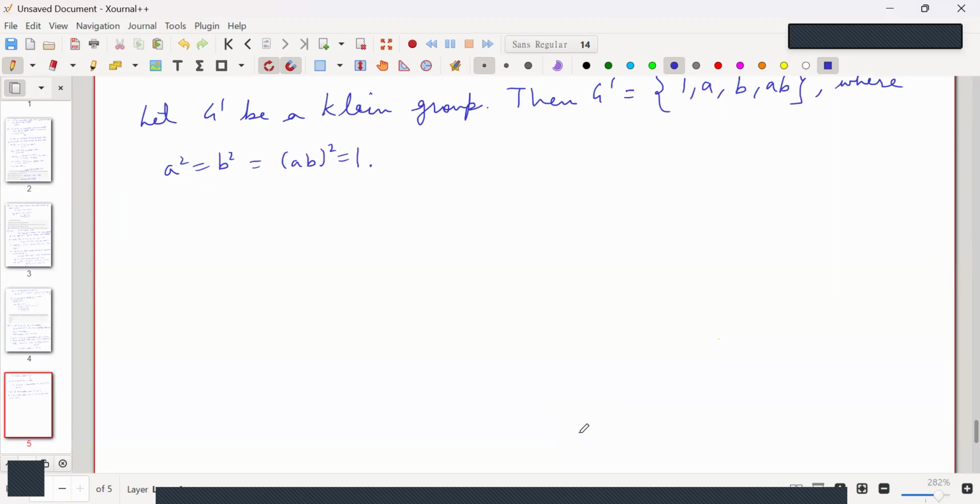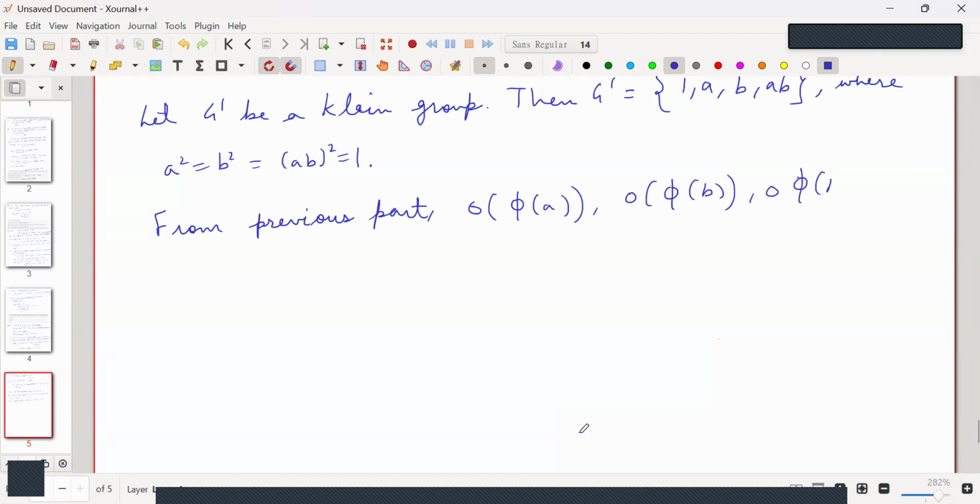First of all, from the previous part, we know that the order of phi A, the order of phi B and the order of phi AB all belong to either one or two, right?